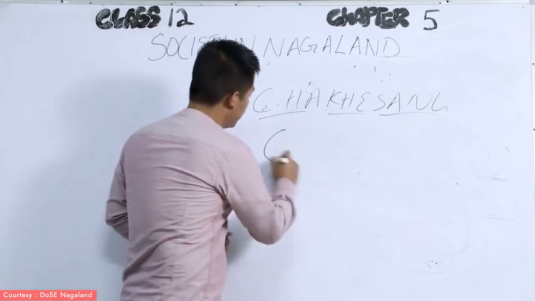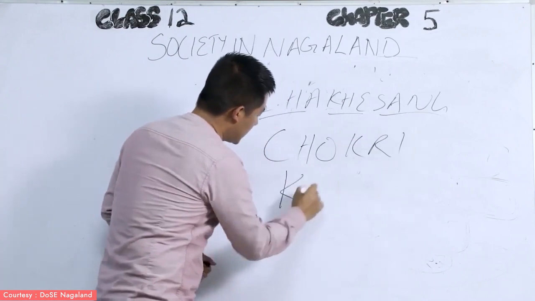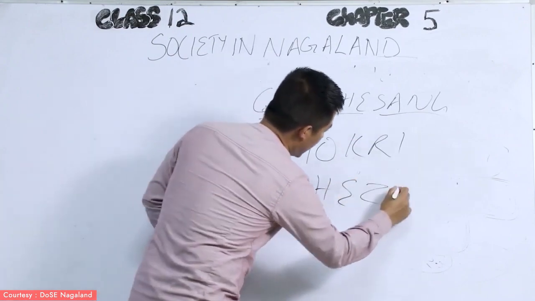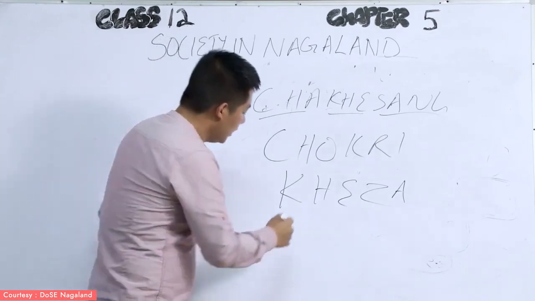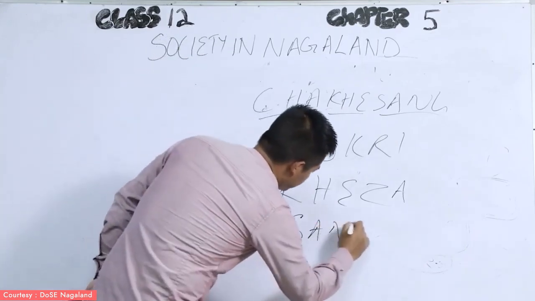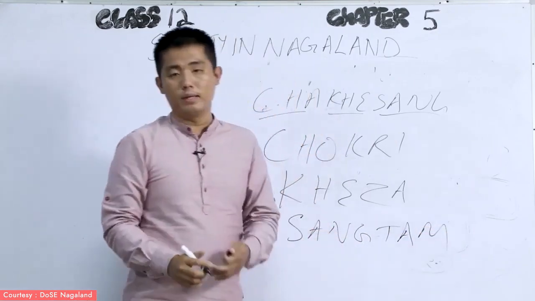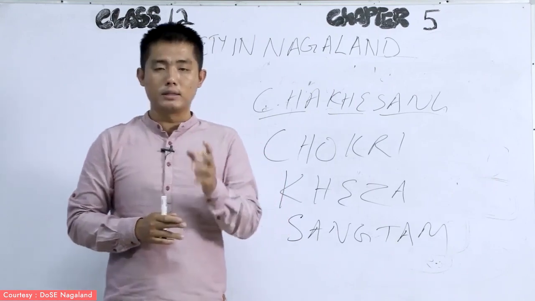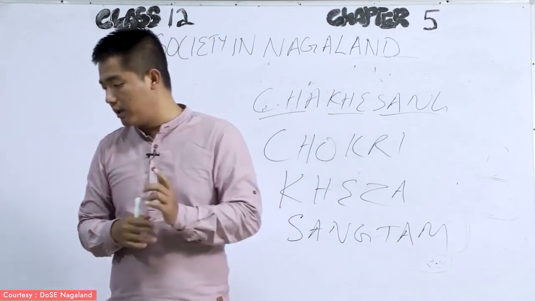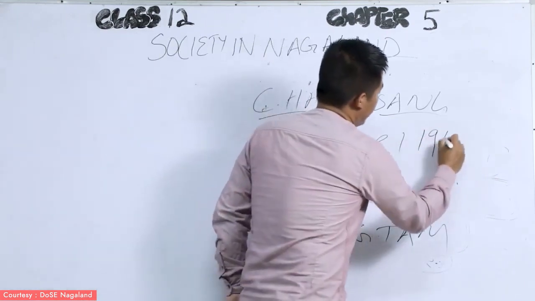Chokri, C-H-O-K-R-I, Khezha, K-H-E-Z-H-A, and the next is the Sangtam. So in this way, this particular word Chakhesang has been derived. And the term Chakhesang was approved in the year 1947.